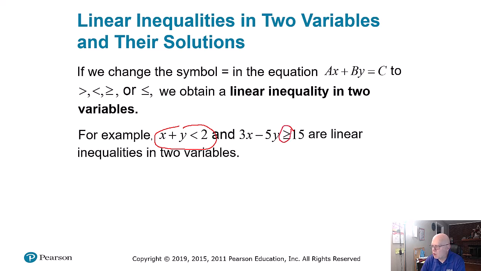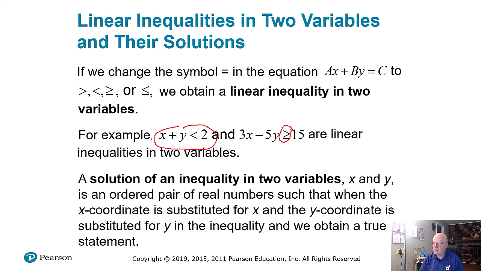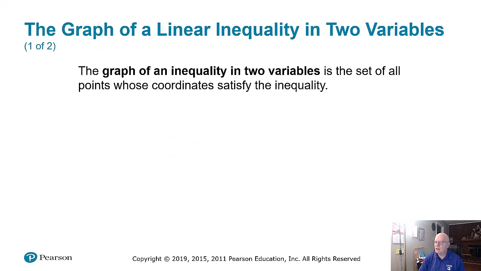There are linear inequalities in two variables. Notice you have an x and a y, two variables. So the solution is going to be a set of ordered pairs, lots of ordered pairs typically, a whole region of points. So we're going to find which points satisfy the inequality.